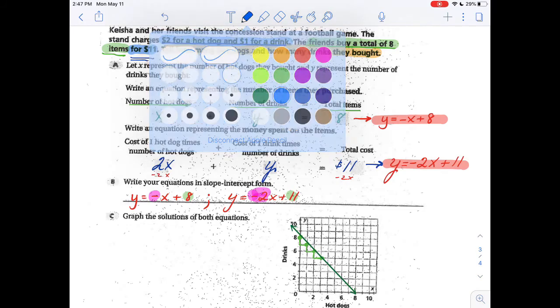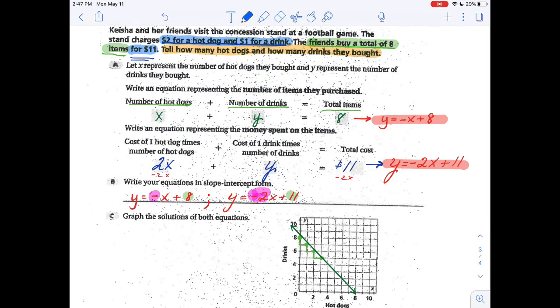Now let's look at our second. The y-intercept is 11. And my slope is negative 2. So remember, that's down 2 over 1, down 2 over 1, down 2 over 1. And again, as many as you need to get a good sense of what that line is going to look like.